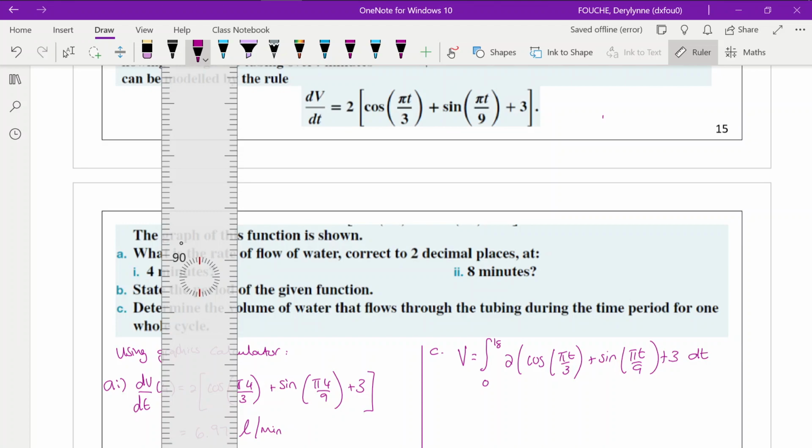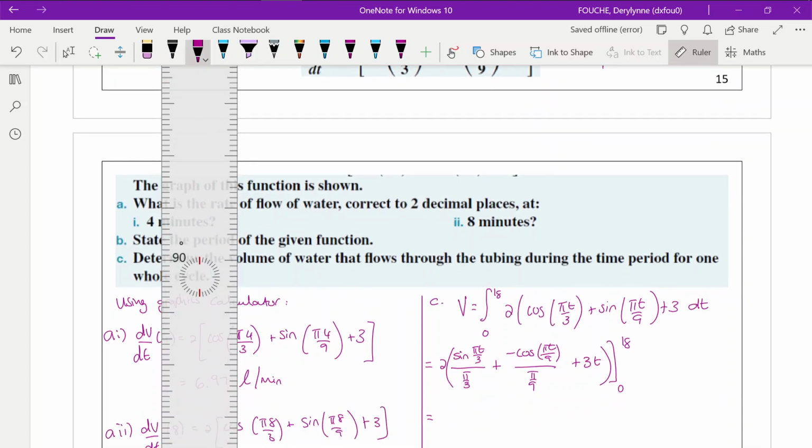Okay, now they haven't specifically said to us that we need to show the calculus or that we have to show all the working. Okay, but I am going to show the integration just to make sure that you're comfortable with your integration. So to get a positive cos, we needed a positive sine, so we have sine pi t on 3. Remember, we have to divide by pi on 3. And positive sine gives negative cos, so negative cos of pi t on 9 over pi on 9 plus 3t, and that has to go from 0 to 18.